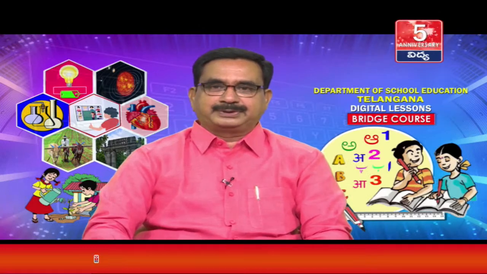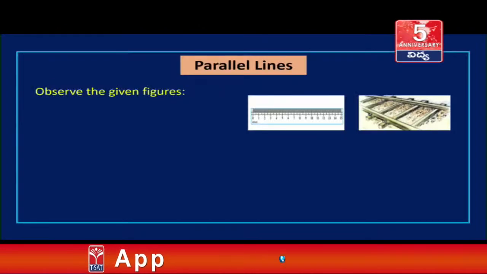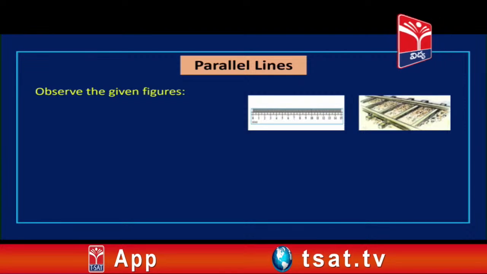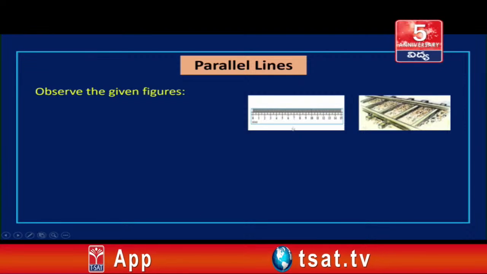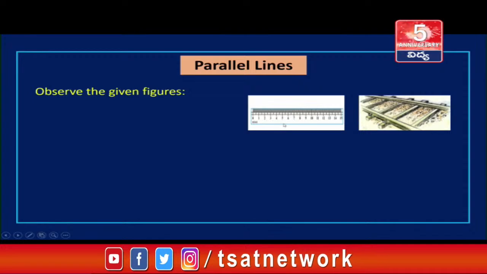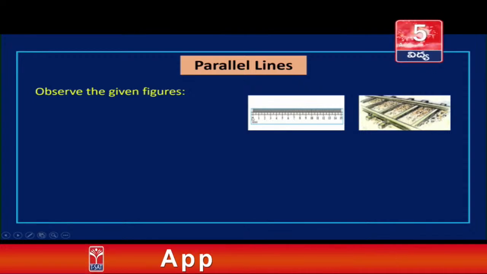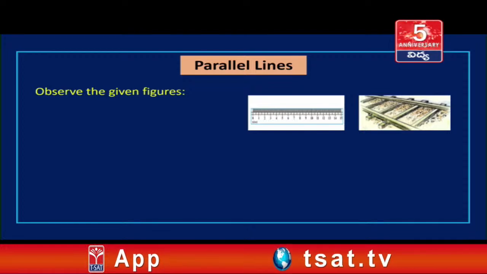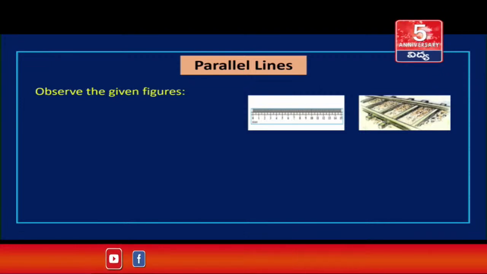Now we learn about parallel lines. Children, imagine the edges of a scale and a railway track. What is special in this pair of lines? Would they meet if extended without changing the direction? No. Edges of a scale and a railway track do not meet at any place.